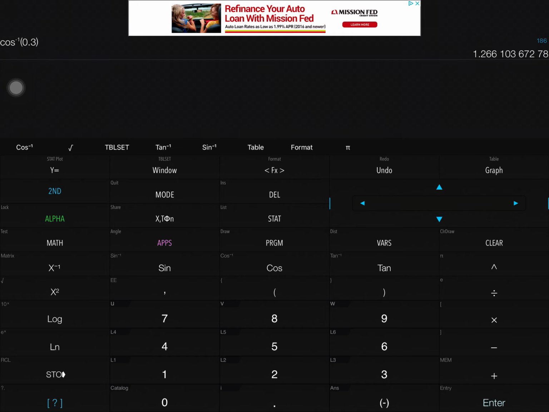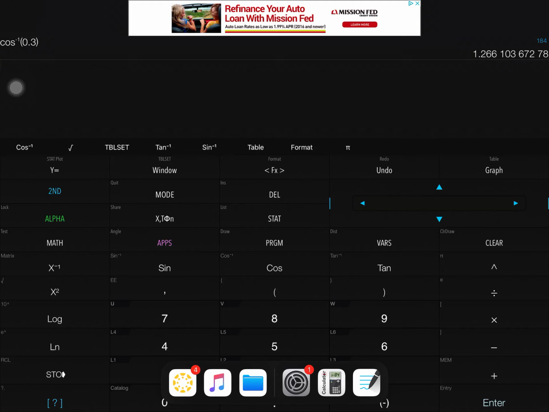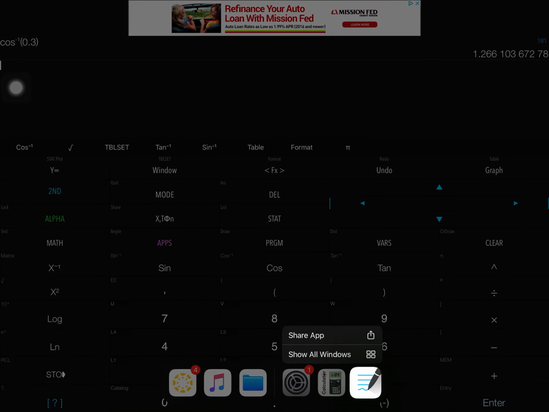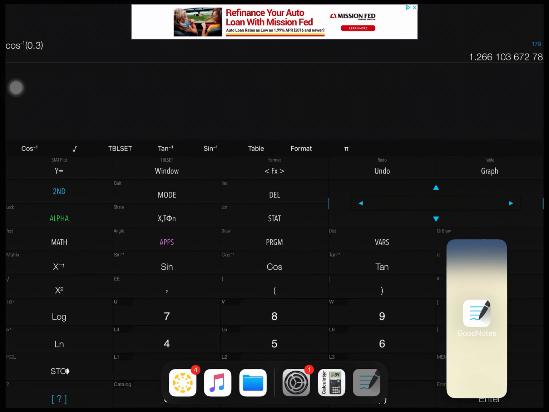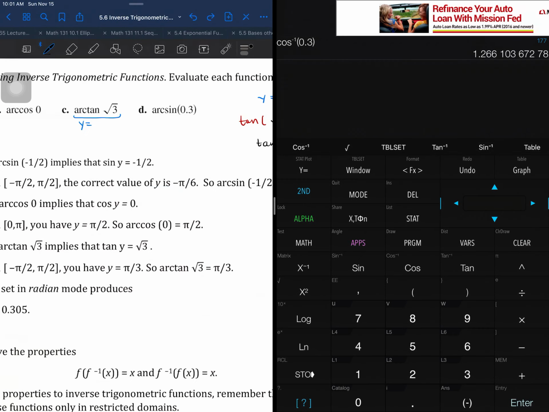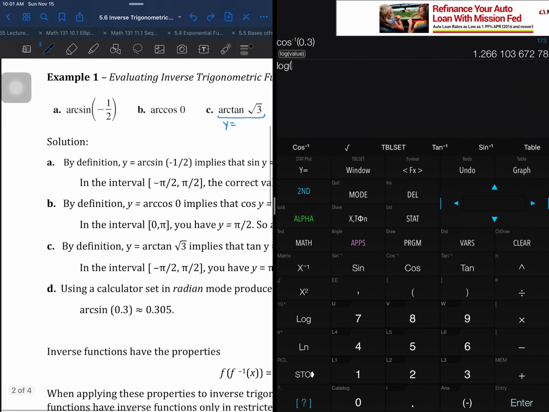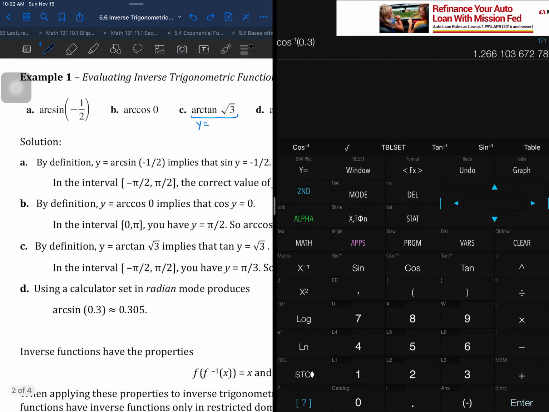And I think that was the number we're looking for, right? Oops, sorry, we were looking for arcsine. Let's try this again. Sine, arcsine 0.3. There you go.